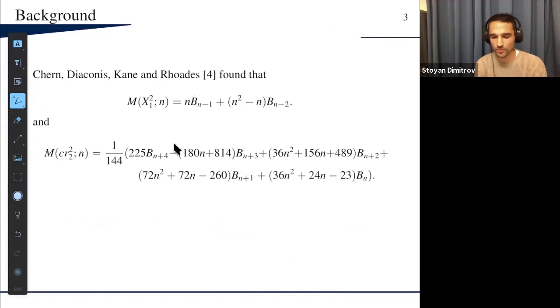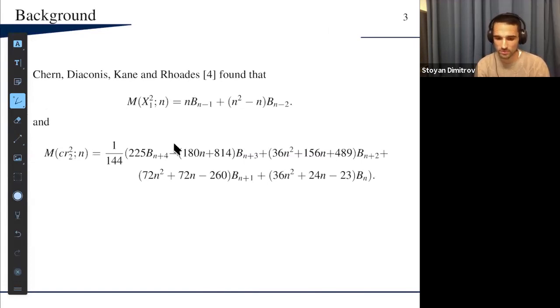Chern, Diaconis, Kane and Rhoades developed an approach which allowed them to find these formulas for the second moments of these 2 statistics. As you can see, now the pattern is more clear. We have some shifted Bell numbers, and in front of them we have some polynomials in n.